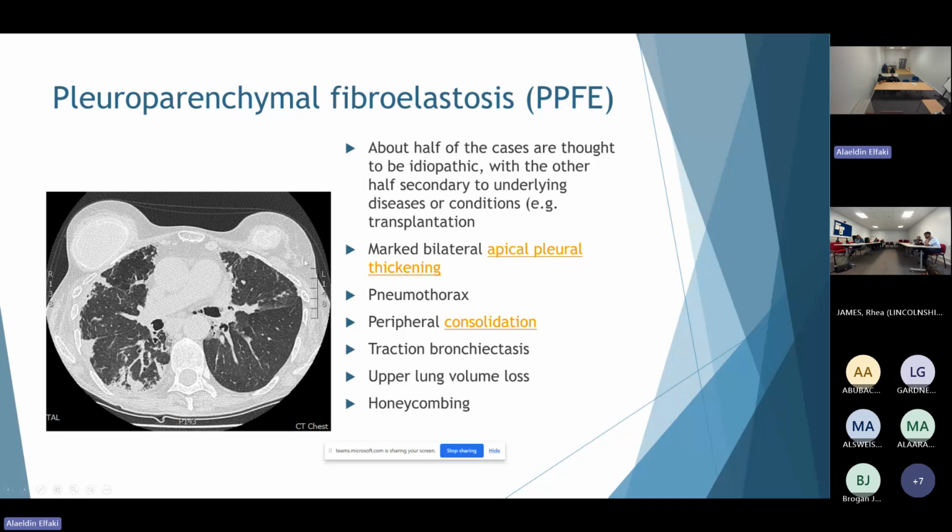You might also see some consolidation, especially in the periphery of the lung, and also some traction bronchiectasis, and honeycombing may exist as well in such a condition. But the most important thing is the presence of the pleural thickening.